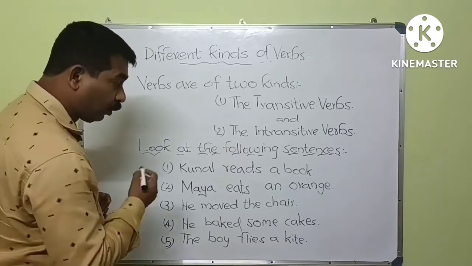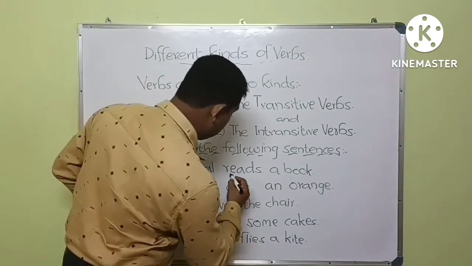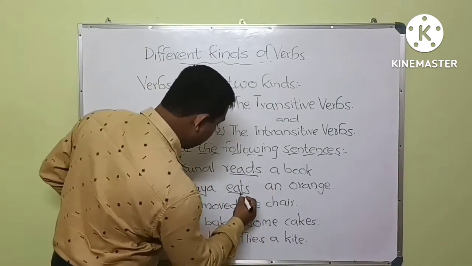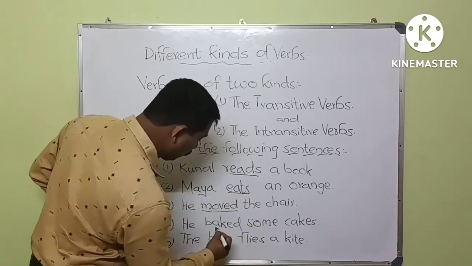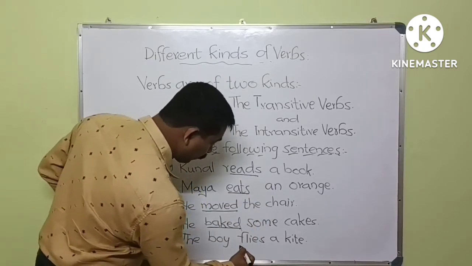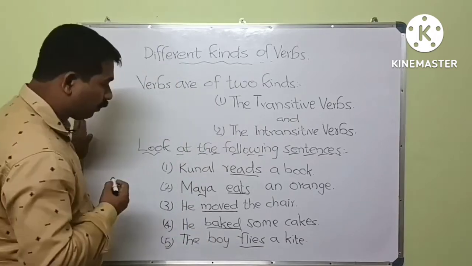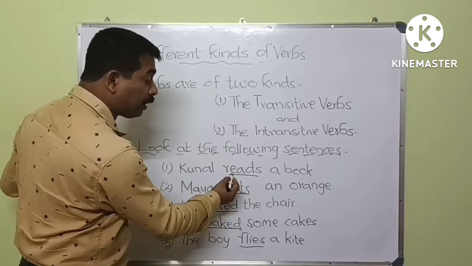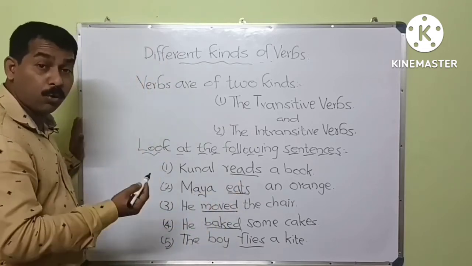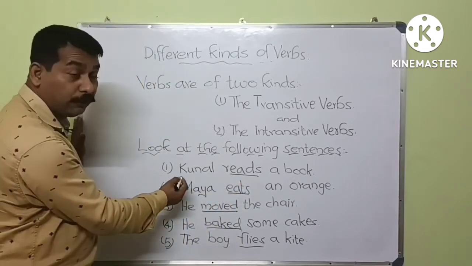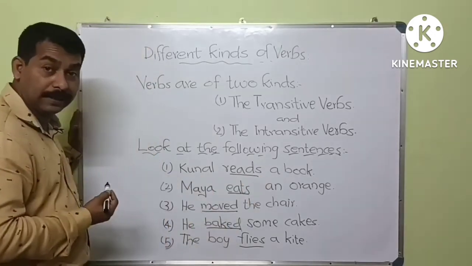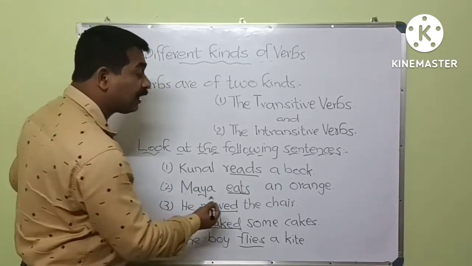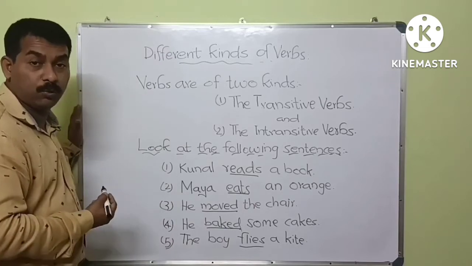Let me underline the verbs from these sentences. Reads, eats, moved, baked, flies. In these sentences, the actions denoted by the verbs pass over from the doer of the action to some objects. Therefore, such verbs are called transitive verbs.